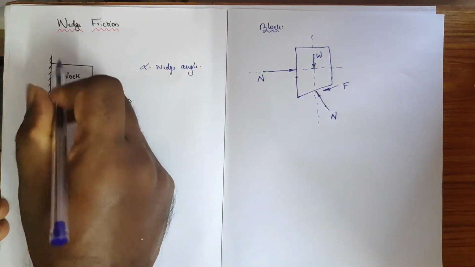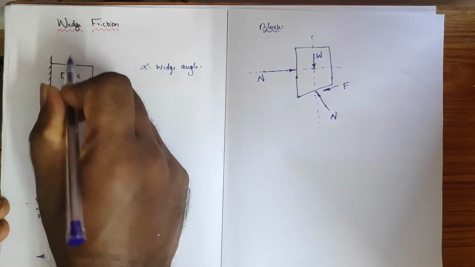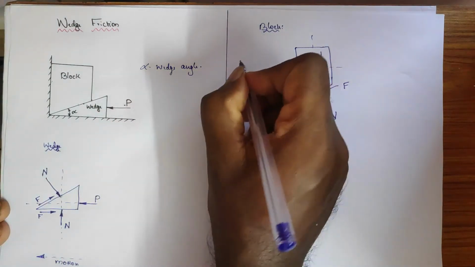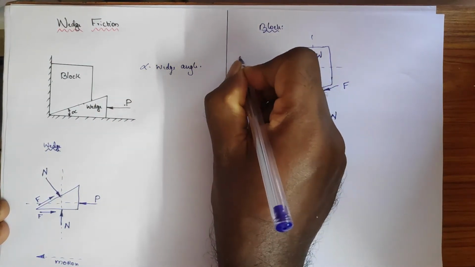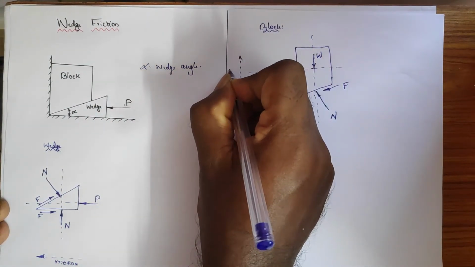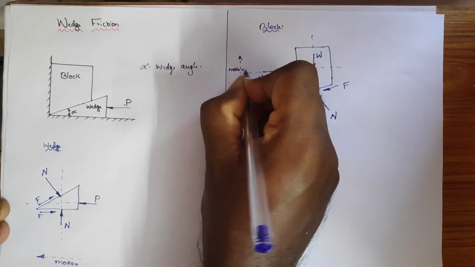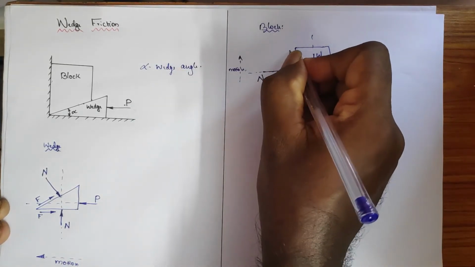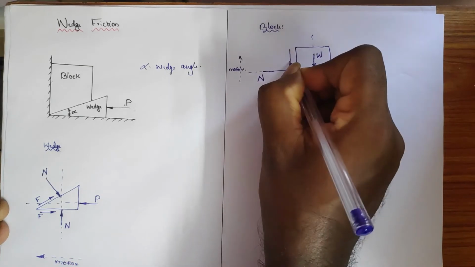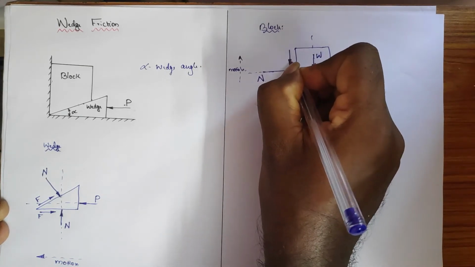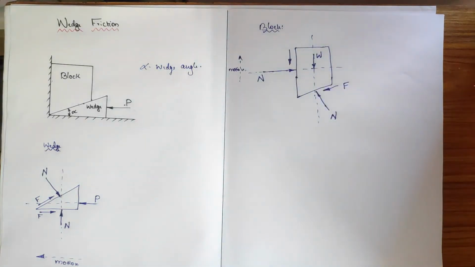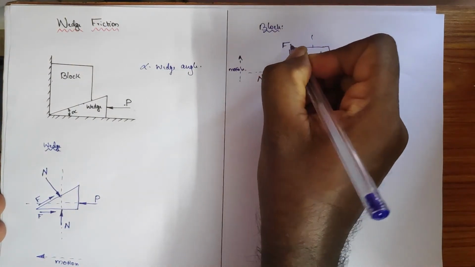I can say vertically it moves. It tries to come out, at the same time it moves just up, right? So motion will be upward, so the friction force will be just downward. Friction force is a resistant force, just opposite to the motion. So here will be the friction force.